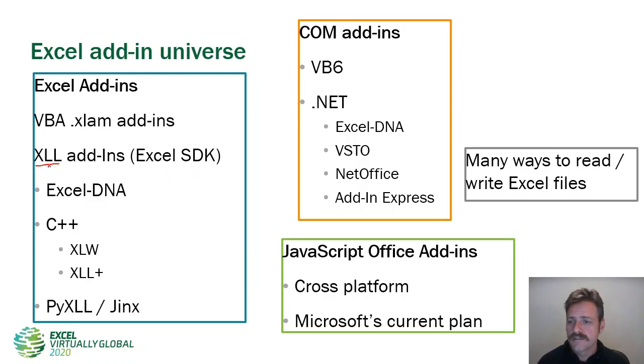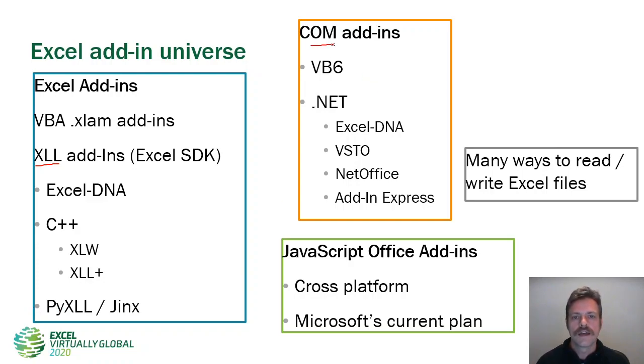So these XLL files are ones that you might make with Excel DNA or with C++, or you might even see this XLL integration into Excel with tools like Pixel and Jinx, which Tony Roberts spoke about earlier. The XLL add-ins are the best type of add-ins for adding user-defined functions to Excel. So the type of add-in that I'm enthusiastic about, they are really the XLL add-ins.